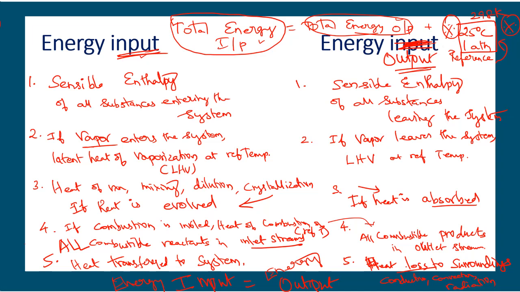Whatever heat is added to the system is considered as energy input, and whatever energy is removed from the system or lost to the surroundings is considered as energy output. That way you can easily write the energy balance by considering total energy input to the system and total energy output.